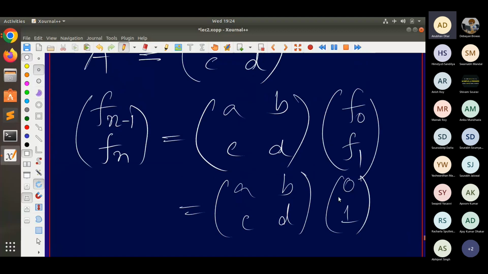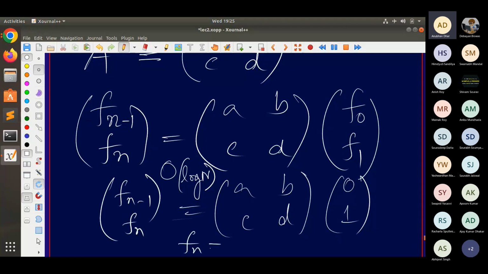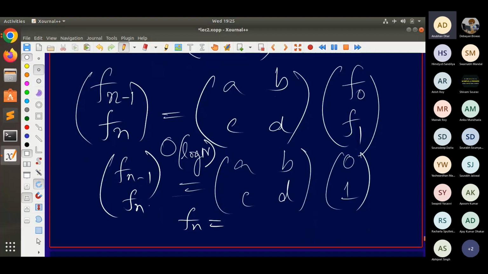So you can find this in order log n, and then you can find the value of fn by just taking this term, I think. Is f of n just d, right? So you just report this and you get the value of f. So is it clear what I'm doing?